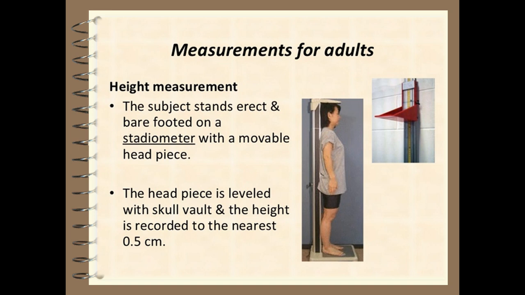So let's begin with the first one, height measurement. Now, when you're measuring someone's height, there is equipment that is used called a stadiometer, and this stadiometer has a movable headpiece. As you can see in the picture, you can move it up or down. The person is supposed to be flat-footed. No shoes should be worn.